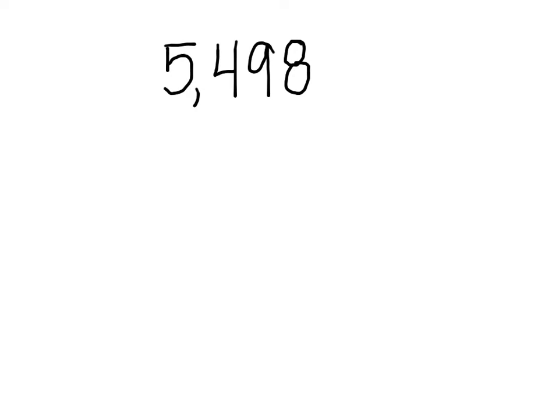Let's practice using 5,498. When I begin, I know that every number has a decimal at the very end, even if it's not there. If there are no decimal numbers, it's going to be invisible, but you can put it there. I know that the first number to the left of the decimal is going to be in the ones position, so I know that that's going to be worth 8 ones.